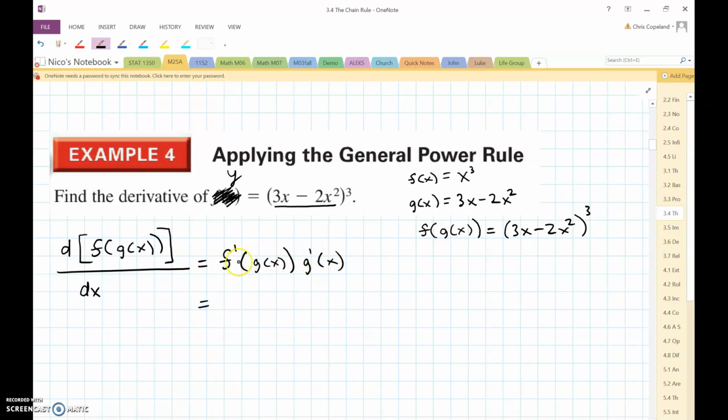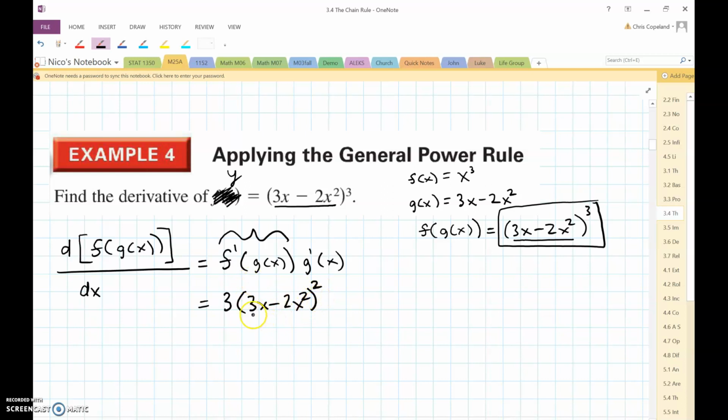So first of all, the derivative of f prime g of x. If we take the derivative of this, where this piece here is the g of x, we would do the power rule. So it would be 3 times g of x, which is the 3x minus 2x squared, squared, because you do subtract 1.